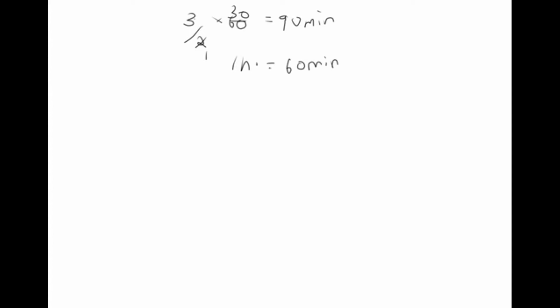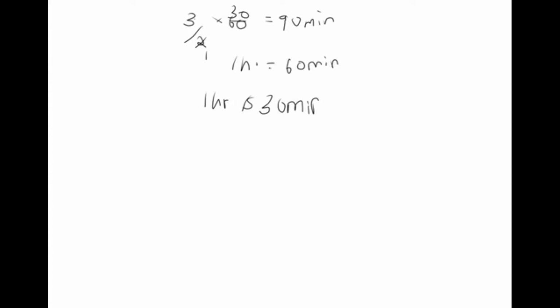So here we have 90 minus 60, which is 30. So we have 1 hour 30 minutes in this 90. 1 hour and 30 minutes.